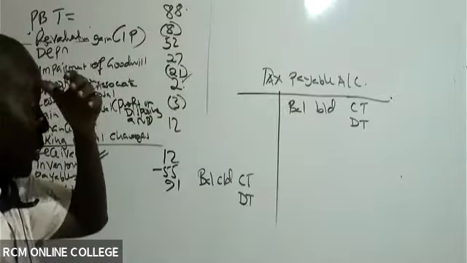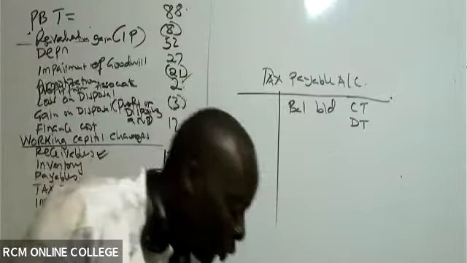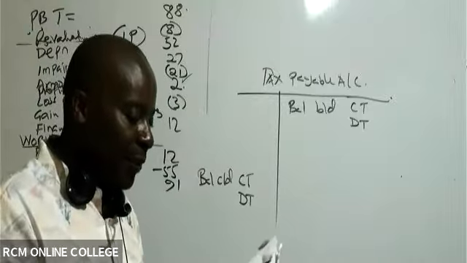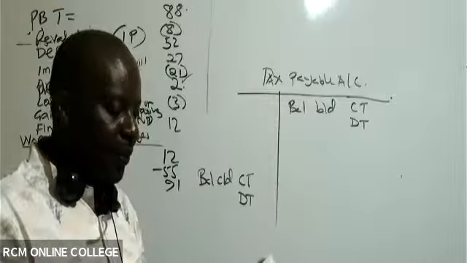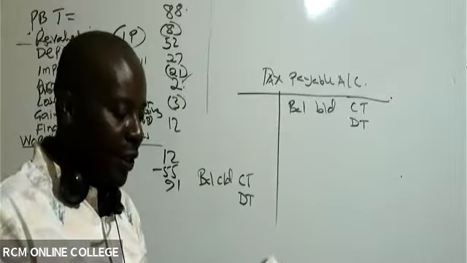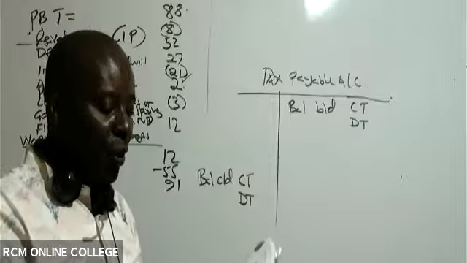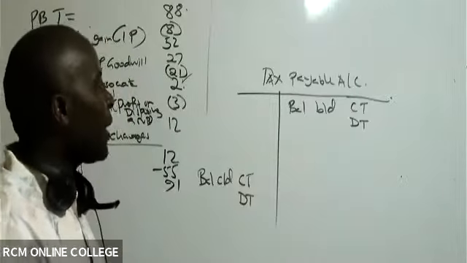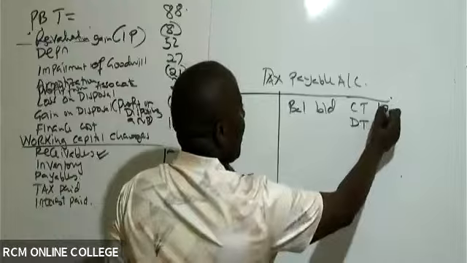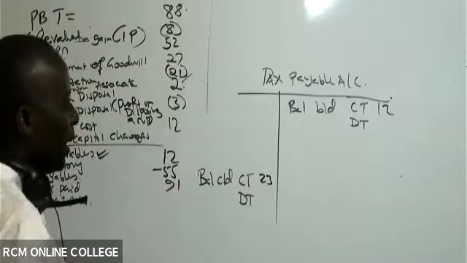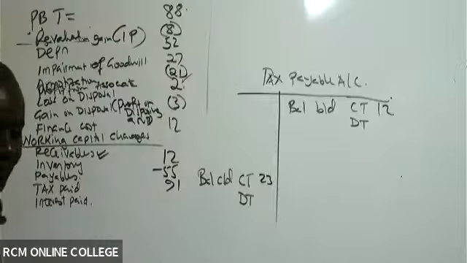So balance brought down, current tax. Please go to your balance sheet. Are you able to see the current tax? Under liabilities, yes, I can see income tax payable. I'm seeing a 12 and 23. Brought down is 12, carried down in this case is 23.